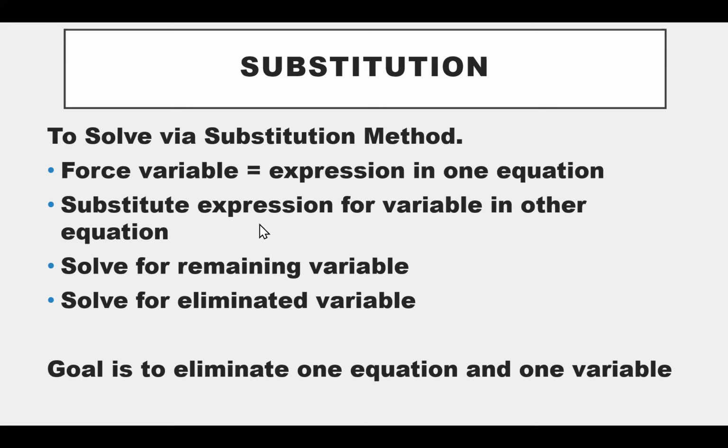If I do that, I'll get just one variable in the equation and then solve for that variable. After that, I can solve for the eliminated variable by either plugging in the number or doing another substitution. Again, in this substitution method, we're going to eliminate one equation and one variable, and then solve for that remaining variable.